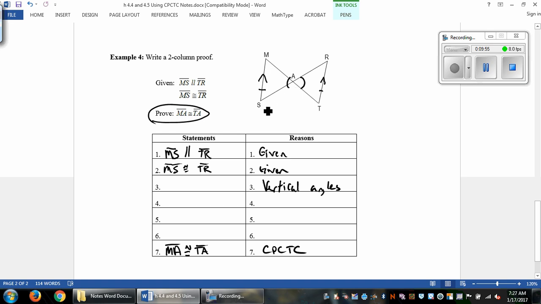So angle MAS is congruent to angle, and in this case it doesn't matter the order so long as we are talking about this one, so angle TAR. Okay, so now we need to also get some other angles so that we can get the triangle, or sides. I don't see any information on sides, so we can't do that.